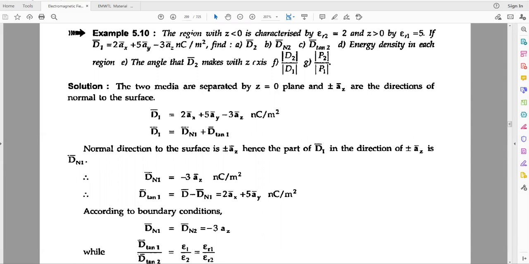If D1 bar is given as 2ax bar plus 5ay bar minus 3az bar nanocoulomb per meter square, find the D2 bar.